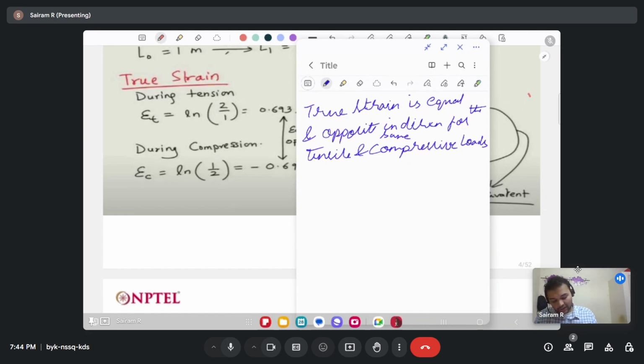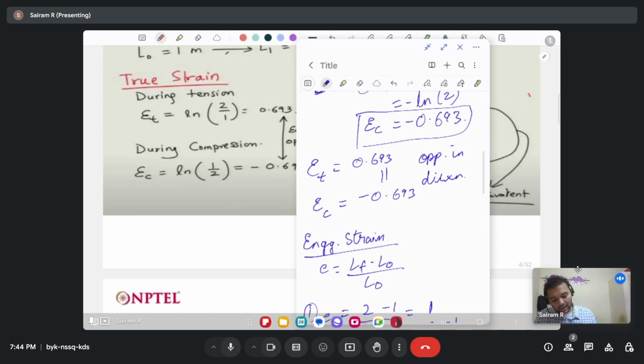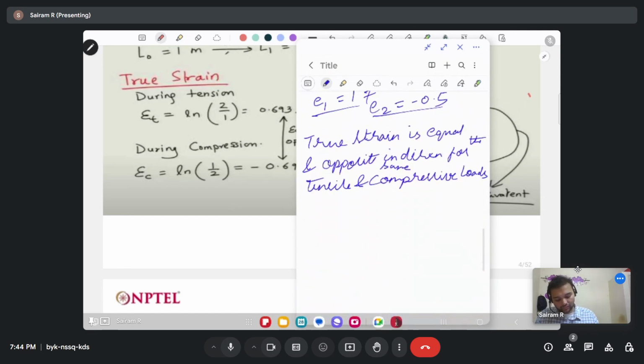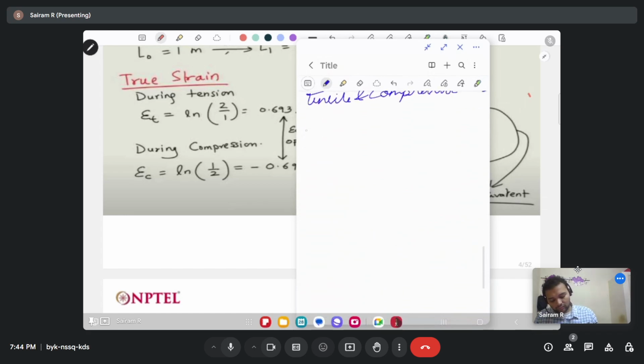We can see one more thing. If we consider the initial to final L0 to L0 transition, and compute epsilon for C, which is ln of LF by L0, which is ln 1 by 1, ln 1 is 0.